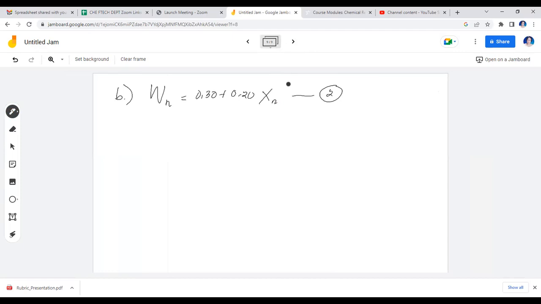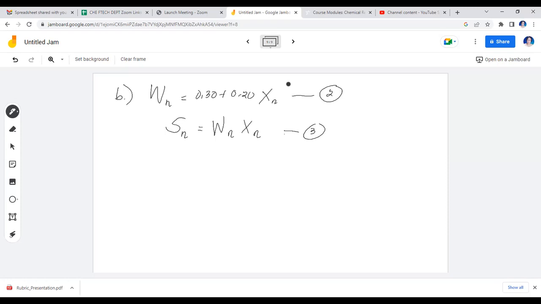Then from this particular equation, we need to determine the corresponding solute content based on the solution and its concentration. So we can have this generic formula of the amount of solute present in your slurry leaving a particular thickener based on its concentration and the amount of solution that it has. So W sub n times capital X sub n. We'll have this as our equation 3.